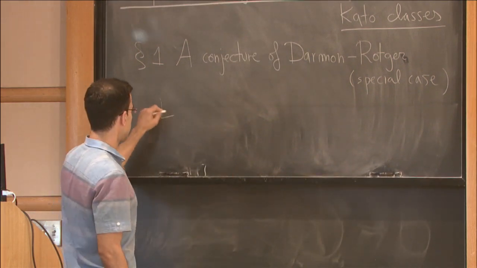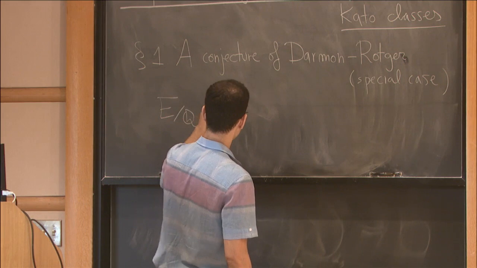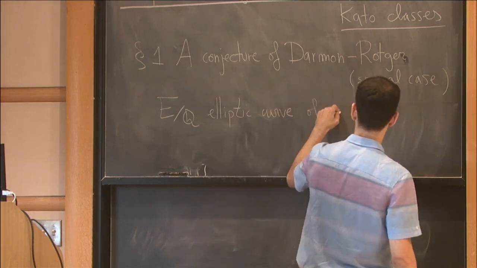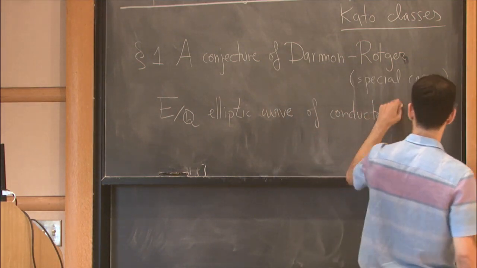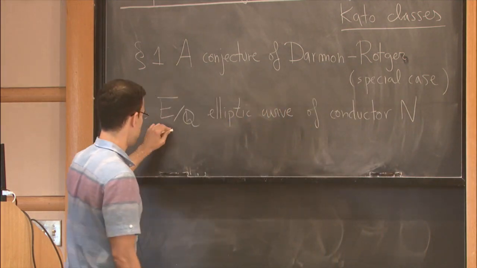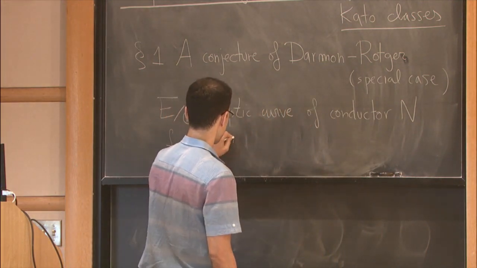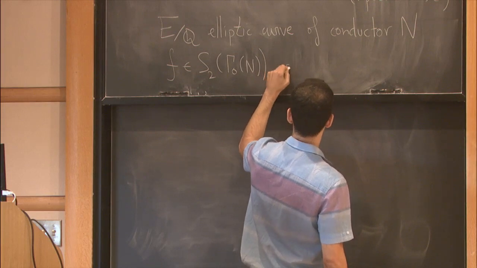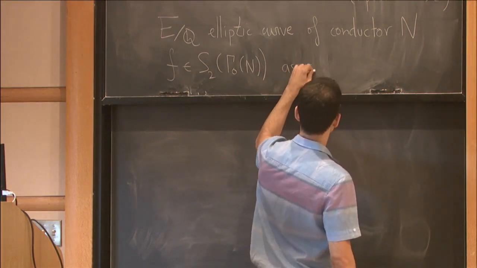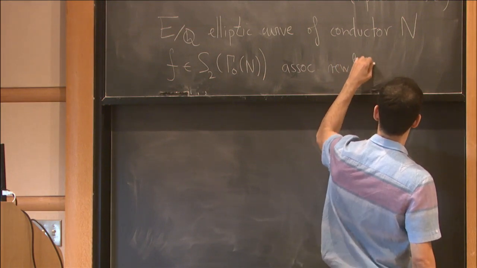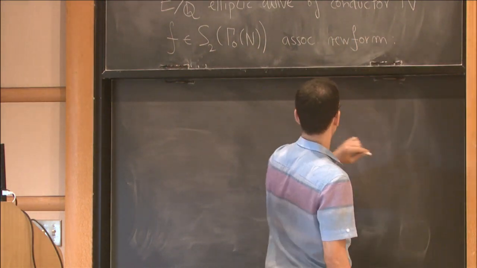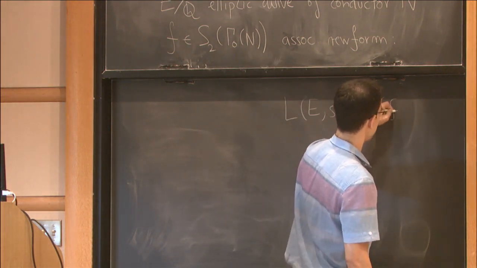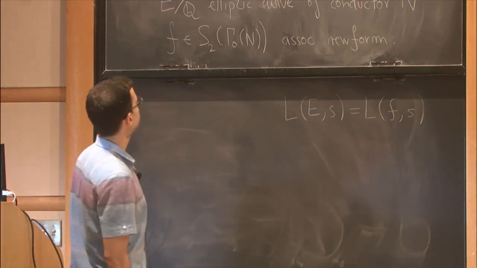I'm going to take E a rational elliptic curve of conductor N. I'll denote by f the associated newform, meaning that the Hasse-Weil L-series of E is the same as the Hecke L-function, the standard L-function of the modular form f.